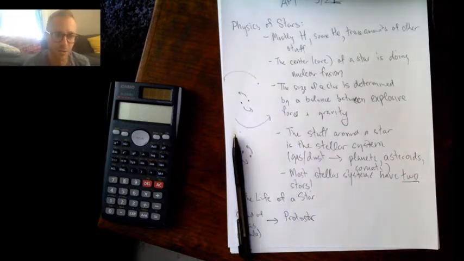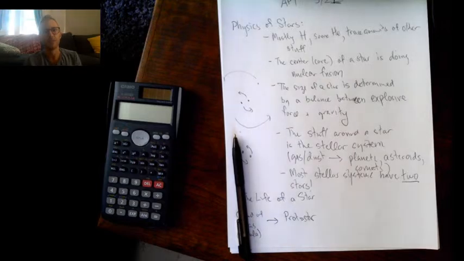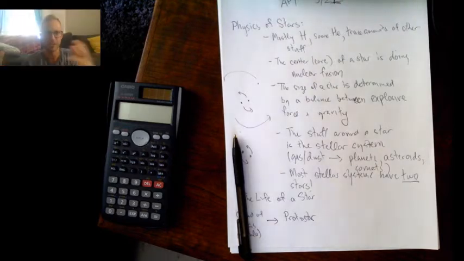Accrete is the astronomy term for, due to gravity, it gobbles up matter. Okay, so protostars have not accreted all of the mass in the system yet, and the planets haven't accreted all of the mass. So there's a lot of gas and dust in the system still.